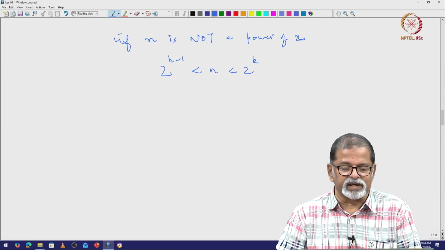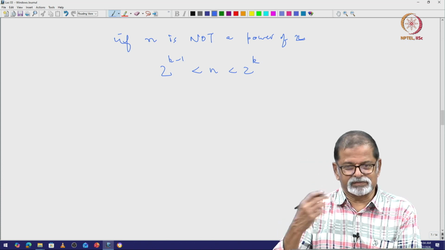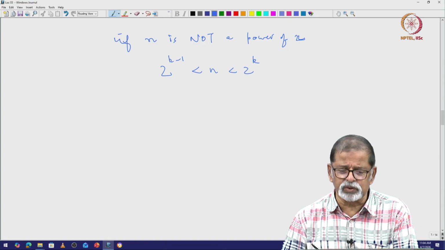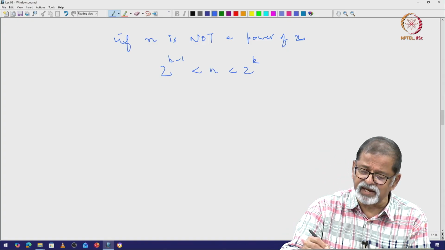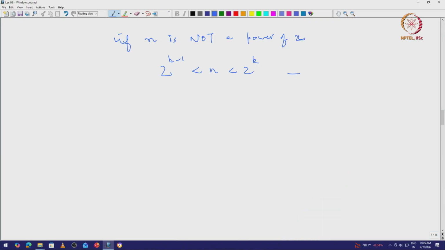Let us assume that n is between 2 power k minus 1 and 2 power k. In this case, if you take log, you see that k minus 1 is less than log n is less than k. So, log n is a number which is sandwiched between two successive integers.